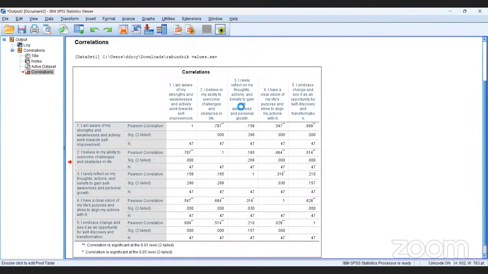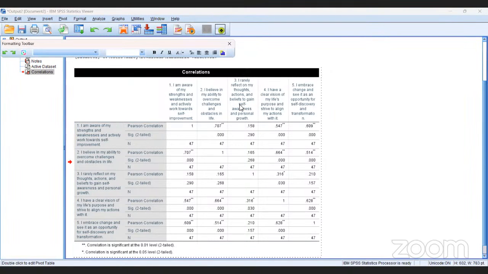So today you have understood three things. Number one, ANOVA with repeated measures. Number two, Friedman ANOVA. And number three, intercorrelation matrix of the items.